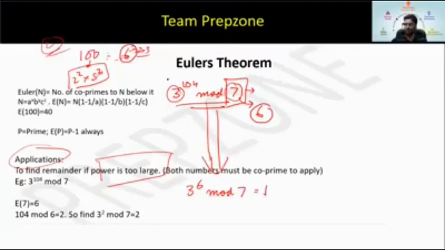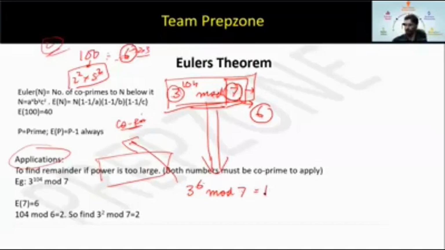Why is this coming? This is not needed. If you want me to explain, I can, but it is actually not needed, because this again deals with the concept of co-primes and all, which is not needed as far as CAT is concerned. What Euler says is, if these two are co-prime and Euler of 7 is 6, then 3 to the power 6 mod 7 will be equal to 1.